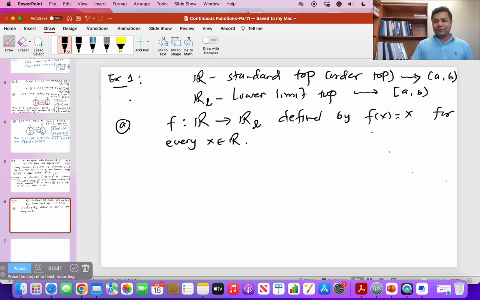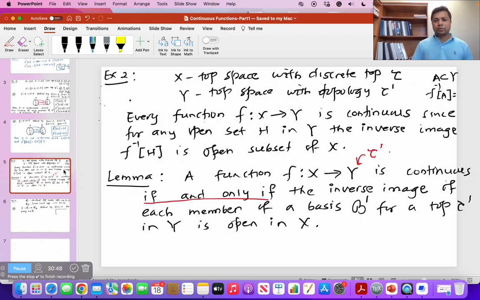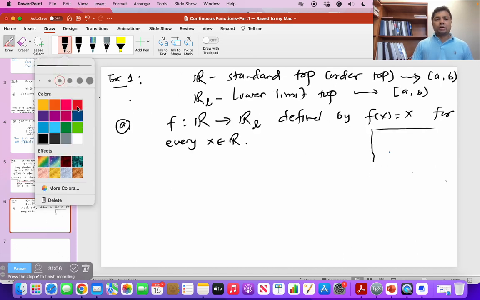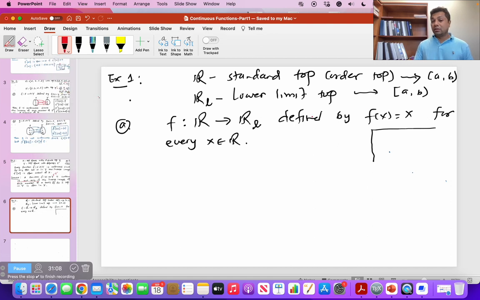Since the lemma is an if and only if condition, if the inverse image of the basis element for the topology in Y is open in X, then you can say the function is continuous, otherwise not. Now let's see whether we have that condition or not. Let's take a look at the basis elements for the lower limit topology.